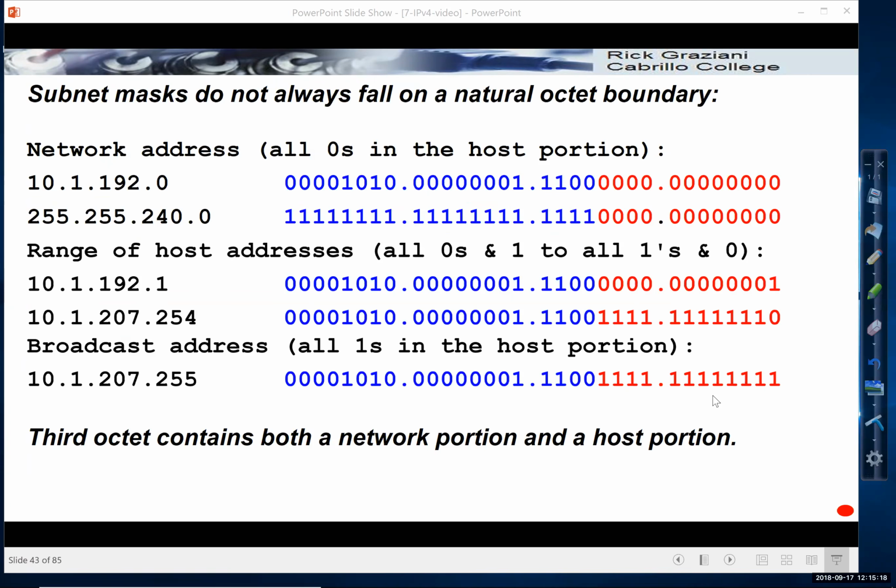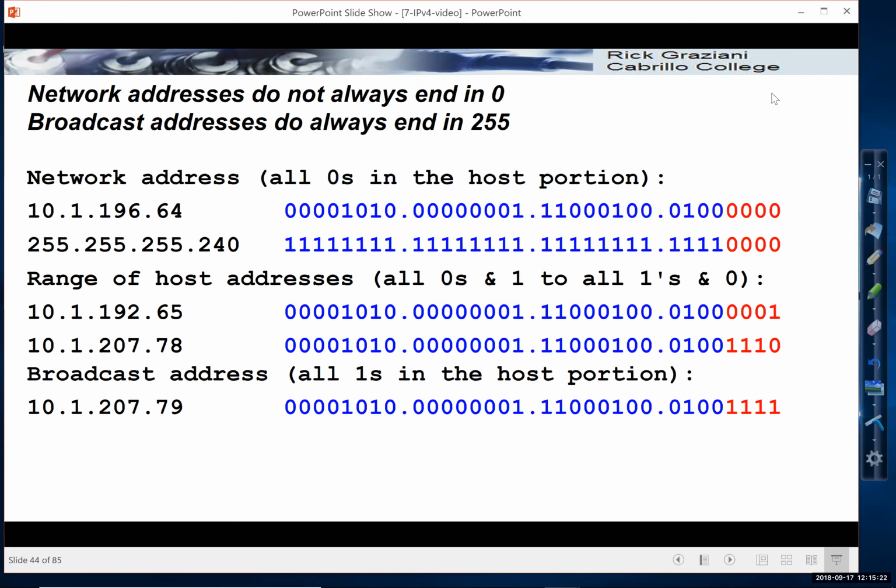Something else that's sometimes a misperception by some people learning networking is that network addresses do not always have to end in a zero. For example, look at this network address here. It ends in .64. That's because of our mask. Our mask is a 240 mask for this last octet.